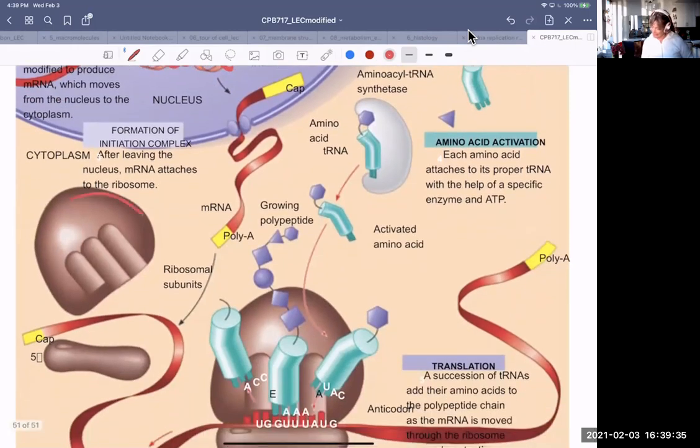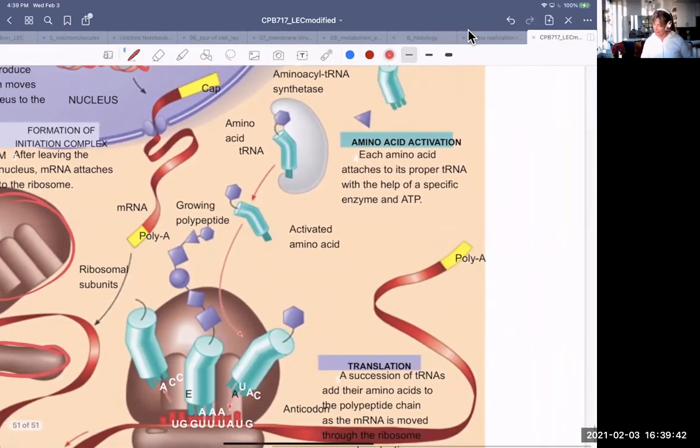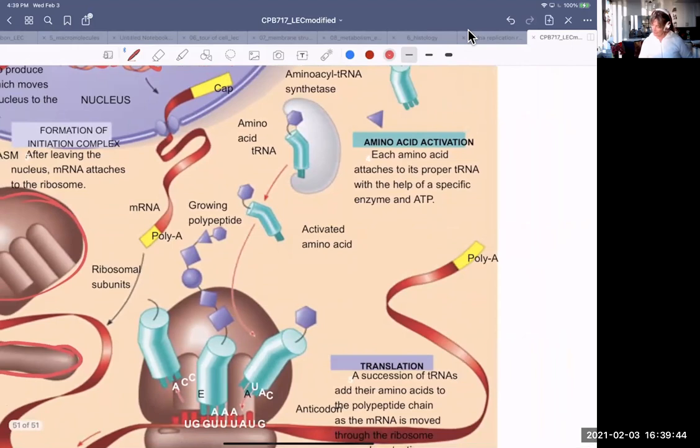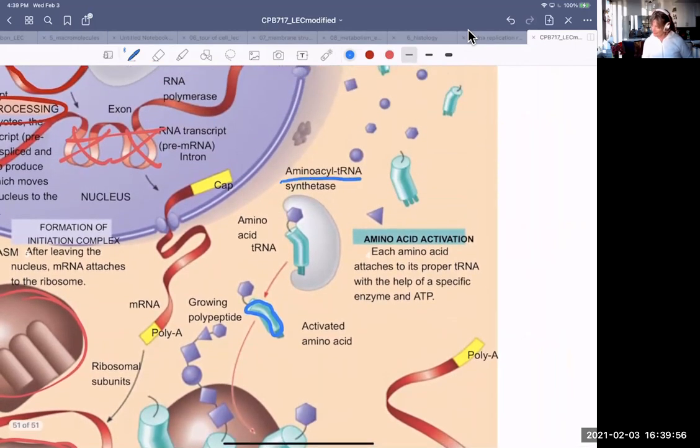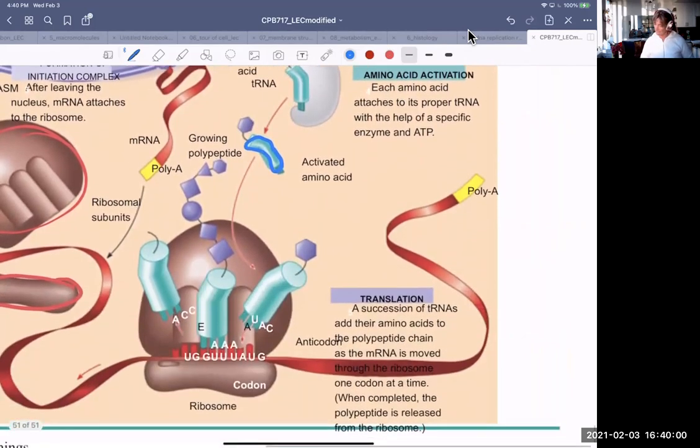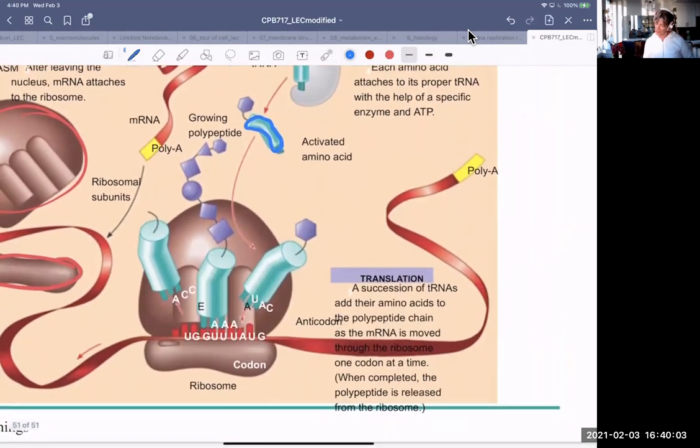Your ribosomes coming together, your large and small ribosomal subunits, your tRNA ready, activated by the aminoacyl tRNA synthetase, and translation.